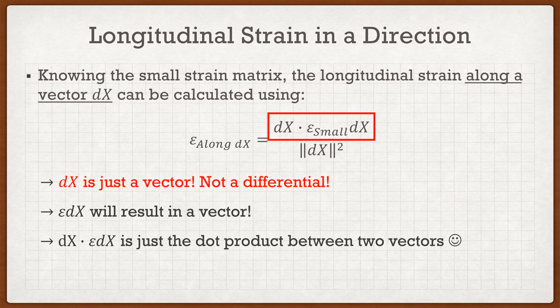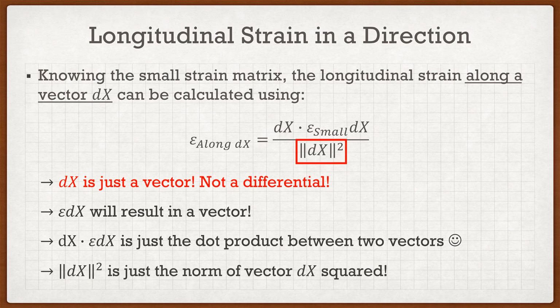Finally, at the bottom, we have the norm of dx squared. The norm of dx is just a number, and squaring it is still a number. So in this whole equation, we have a single number on the top divided by a single number on the bottom, so the strain along the direction dx should just be a scalar value. Nice and easy. The key here for me was just realizing that dx is just a vector. It's not a crazy differential or anything like that.